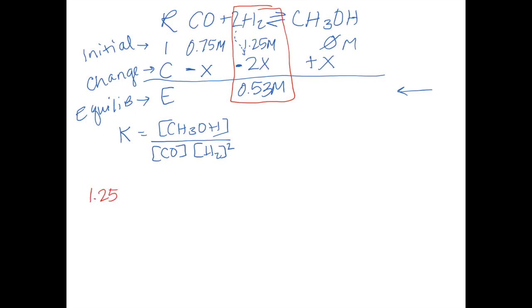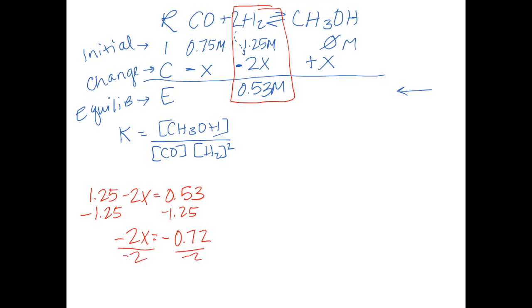So I'm going to say, okay, well, 1.25 minus 2x is equal to 0.53. So I need to solve for X. I'm going to subtract 1.25 from either side, and that gets me negative 0.72, and then I just divide by negative 2, and X is equal to 0.36. Okay, so I can fill in this by just putting X in.